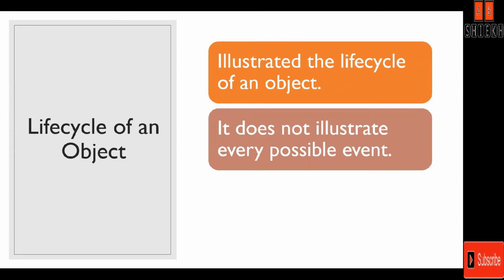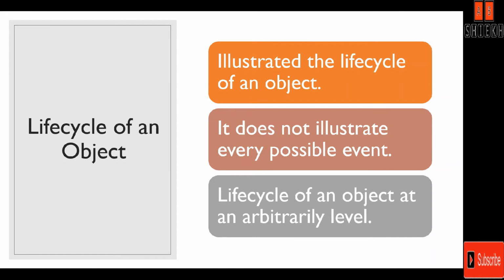So if an event arises that is not represented in the diagram, that means the event is ignored as far as the state chart diagram is concerned. Therefore, we can create a state chart diagram that describes the life cycle of an object at a very arbitrary level. We can add as much detail as we want depending on our needs.